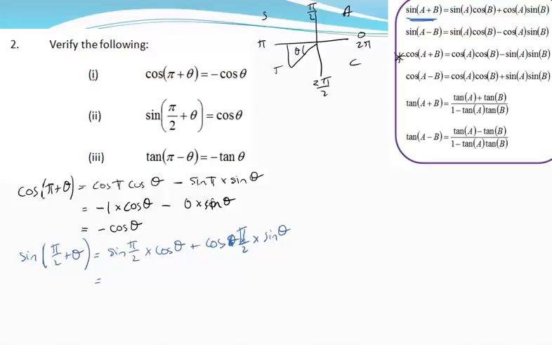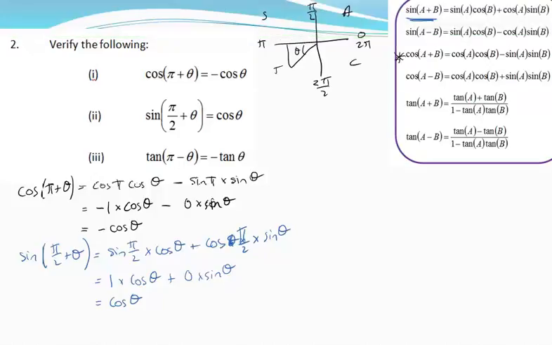So sine of pi on 2 is equal to 1 multiplied by cosine of theta. Then our cosine of pi on 2, where we cut through our axis, is equal to 0 times sine theta. So this is equal to cosine of theta.